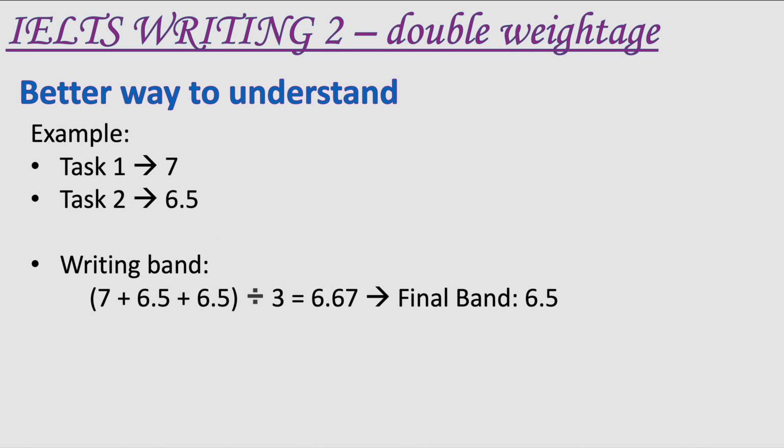A practical way to understand this is, let's say you get band 7 in task 1 and 6.5 in task 2. We count task 2 twice and task 1 once. So you get 6.67, which is rounded off to 6.5.